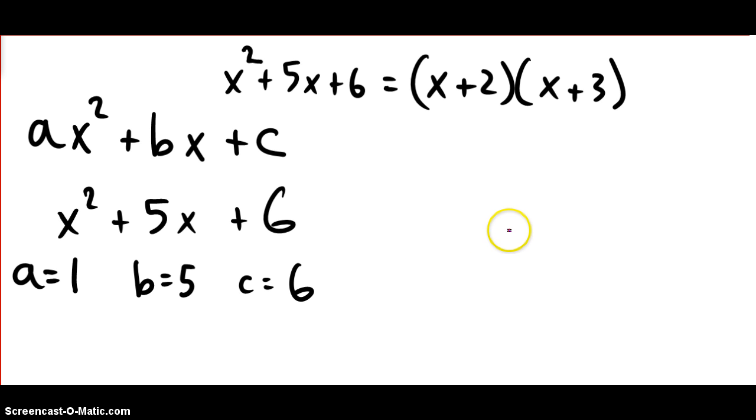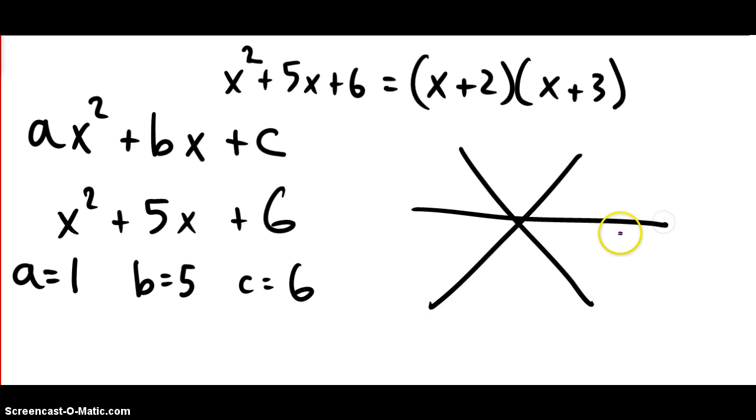Then this is where the magic snowflake comes in. We fill in the magic snowflake with some numbers. On the top here is where we put a times c. And on the bottom, we put b. Remember how I said before that we're going to use these later? Now is the time. We're going to put a, and then whatever variable, in this case it's x.